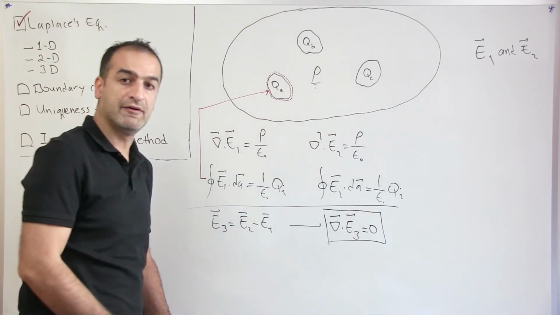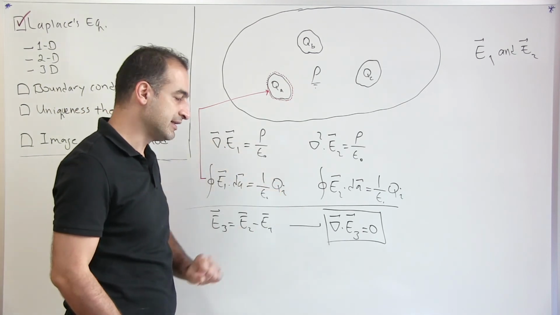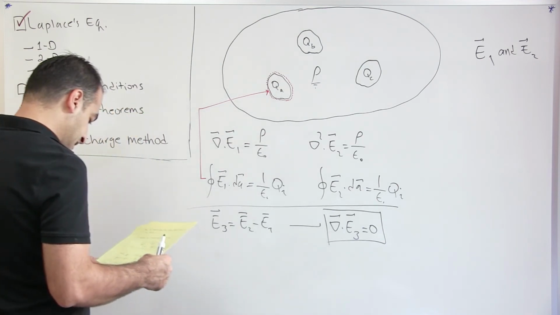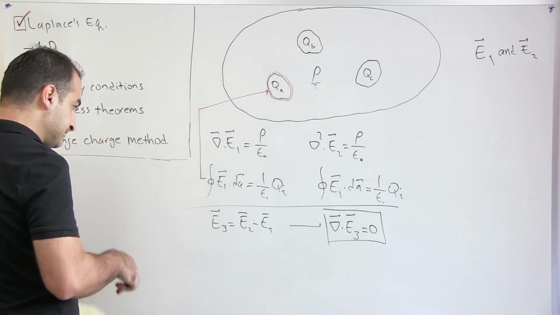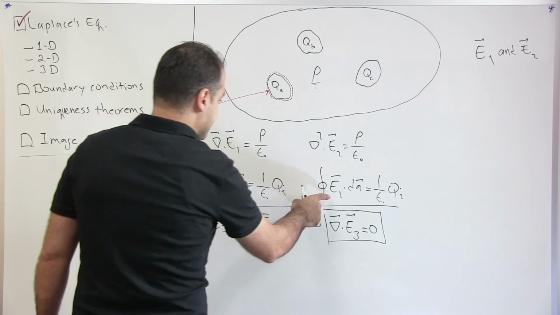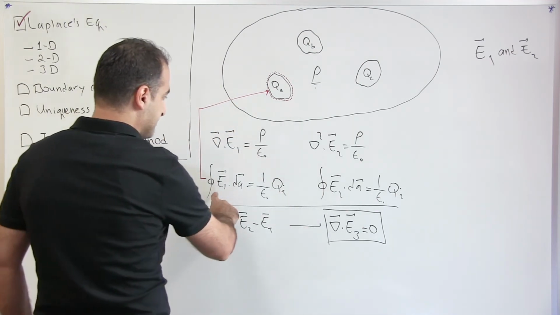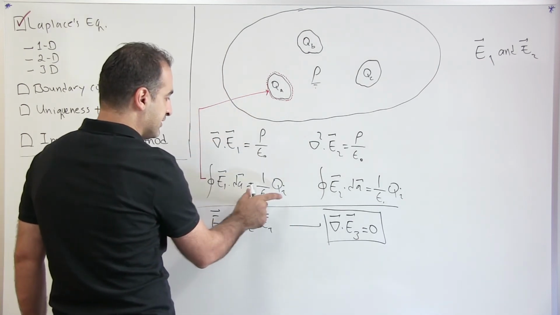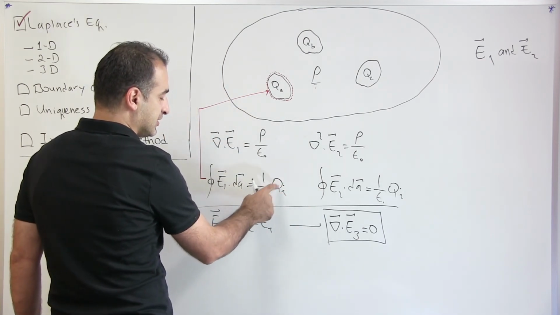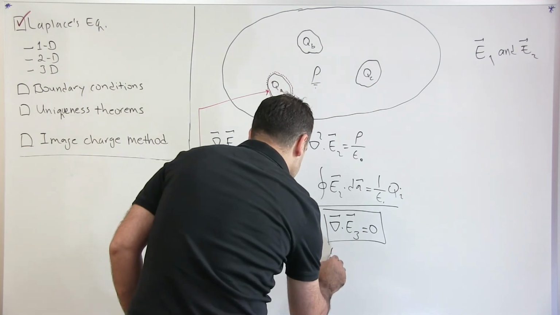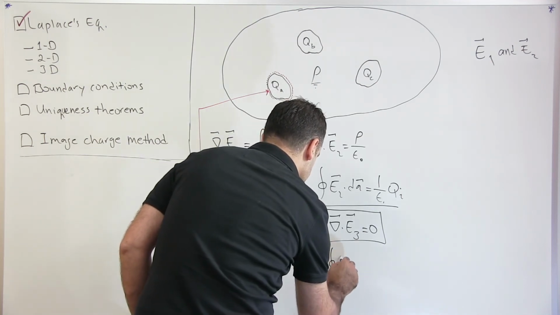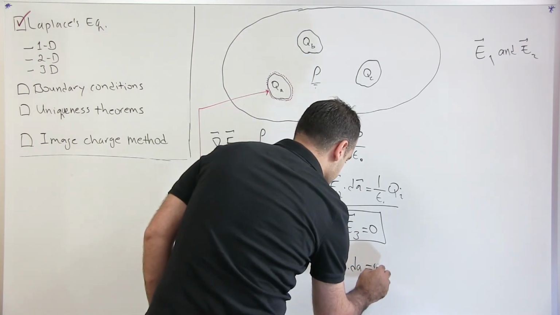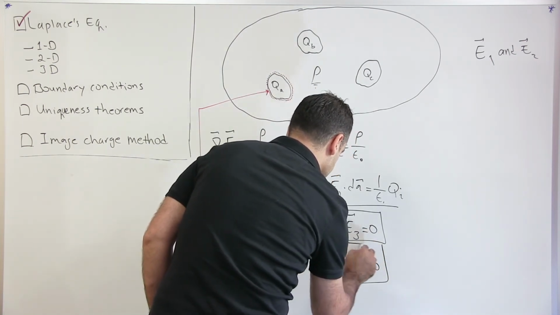Okay, so I'm now focused on the difference between E1 and E2. So the divergence is 0, and for any of the conductors, if we subtract E1 and E2 and integrate, because this integral is exactly the same as the total charge on each conductor, I will say the integral of E3 dA around each conductor has to be 0 as well.